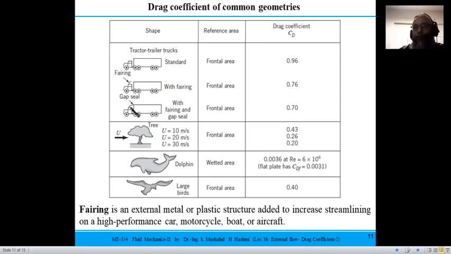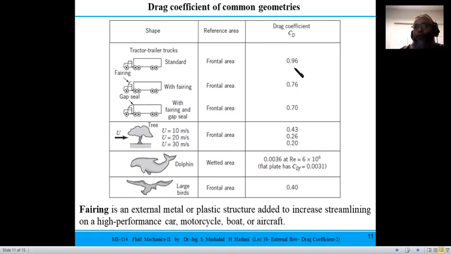This gap is creating a difference of pressure and the pressure drag. So if you just seal this gap, you will be able to reduce the drag coefficient. Without sealing it was 0.76 and you just reduce it from 0.76 to 0.7 with the same frontal area.